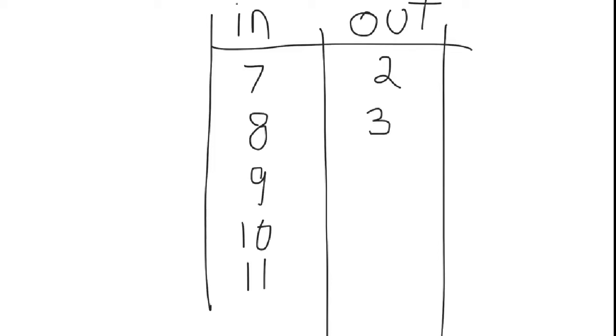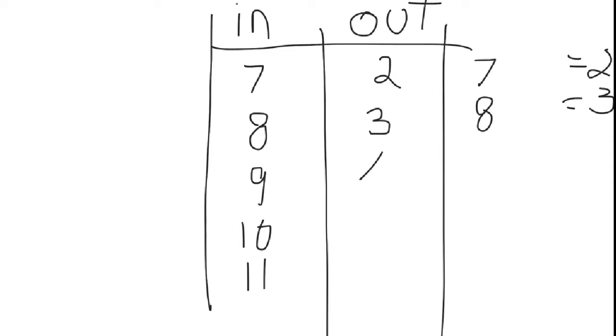Now, can you tell me what the pattern is? Started with a 7 and end up with a 2. Start with an 8 and end up with a 3. I have to do the same thing to the 8 that I do to the 7.